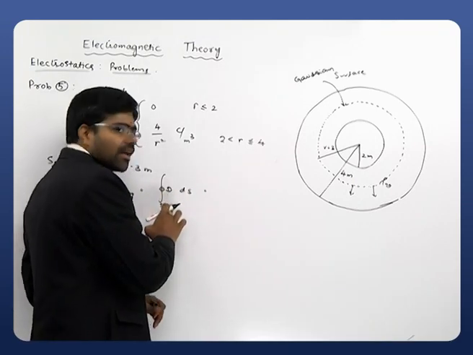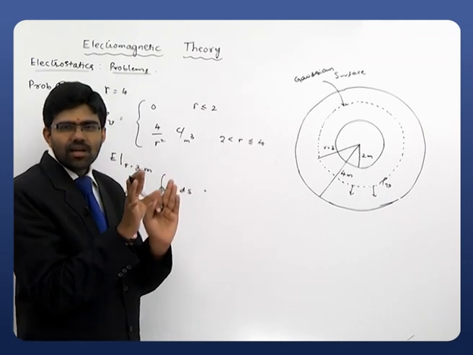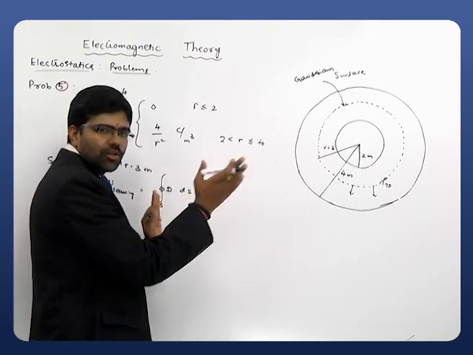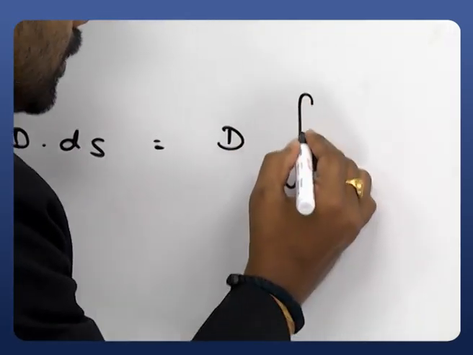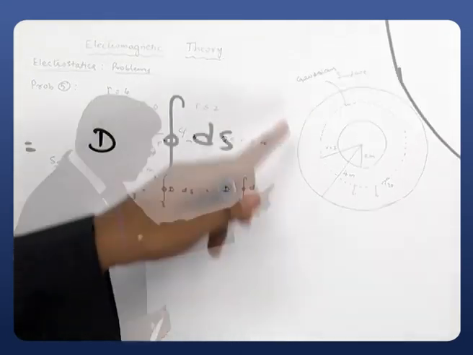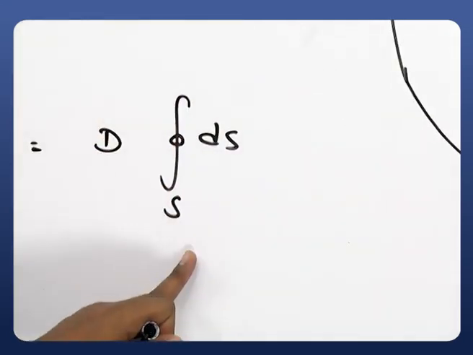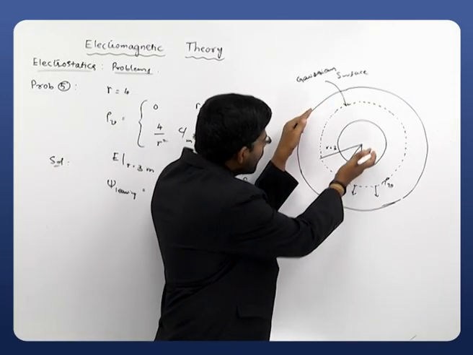Right, D in the radial direction, ds in the radial direction, the dot product will be a scalar, and here D is uniformly distributed, so bring it out from the integral. So clearly it is D times the surface integral of ds. This surface integral of ds will give us the surface area of the Gaussian sphere that we considered. This is a Gaussian sphere with radius 3.